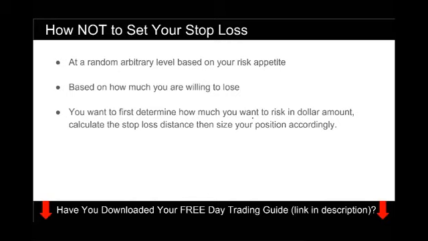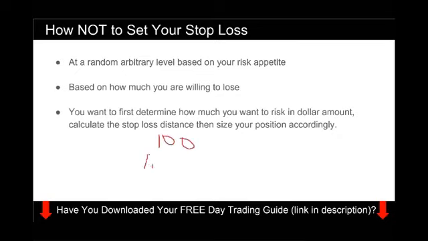You should not set your stop loss based on how much you're willing to lose, as in your risk appetite. The correct way to do it is to first determine how much you want to risk in dollar amount. Let's say you're willing to risk $100, and just for the sake of this video, let's say one pip is $1.